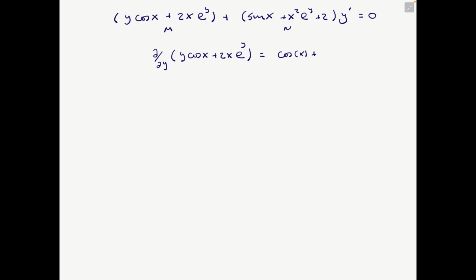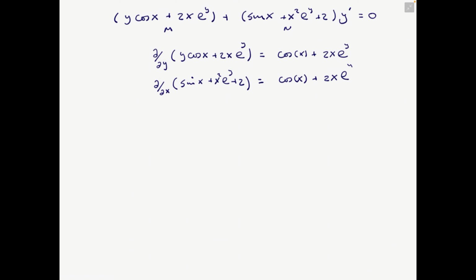So this is M and this is N. So if we go dy of M, that's equal to cos x plus 2x e to the y.